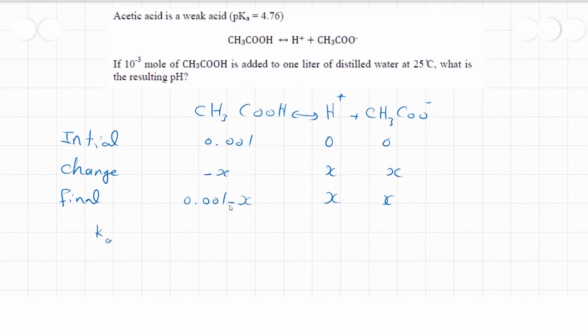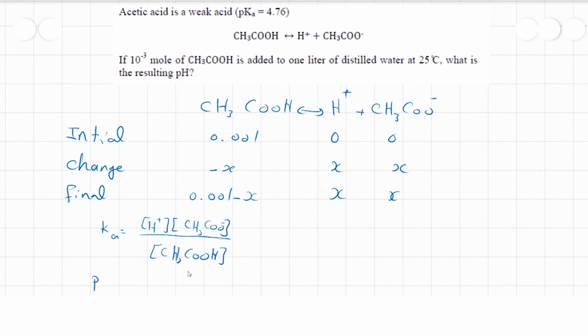We know that the Ka is equal to the concentration of the product divided by the concentration of the reactant. So I have hydrogen ions multiplied by the acetate ions divided by the acetic acid concentration. I have that the pKa value is equal to minus log Ka value.